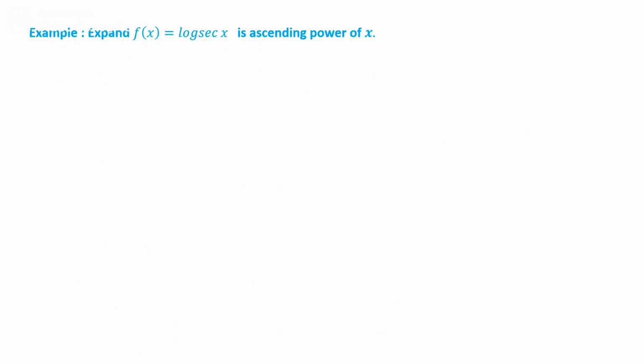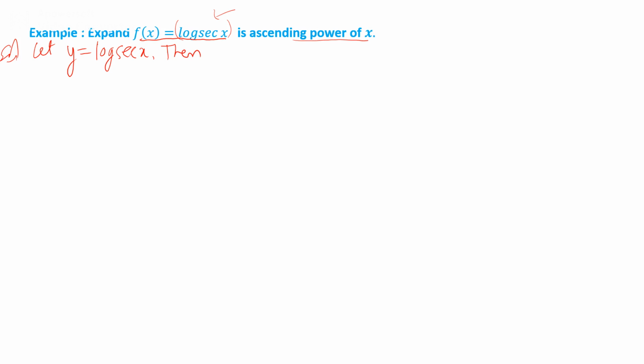Now see one more example. We have to expand the function f(x) equal to log sec x in the ascending power of x. So we have to write the series of that function log sec x. Let us assume that y is equal to log sec x.